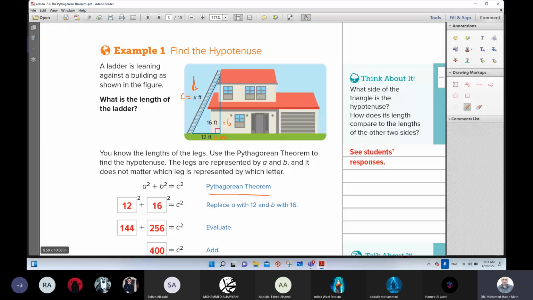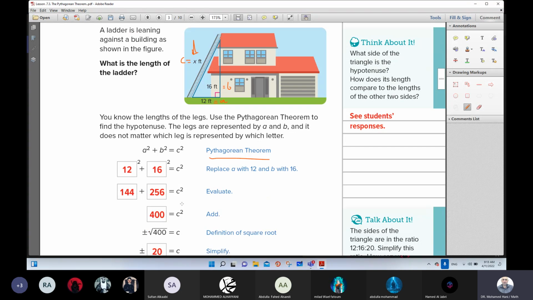So substitute here the value of A, 12 squared, plus what is the value of B? 16. So 16 squared equals C squared. 12 squared means 12 times 12, which is 144, and 16 squared means 16 times 16, which is 256, equals C squared.